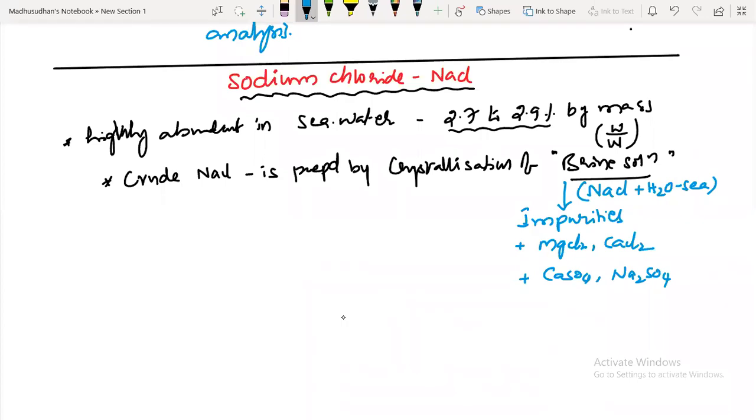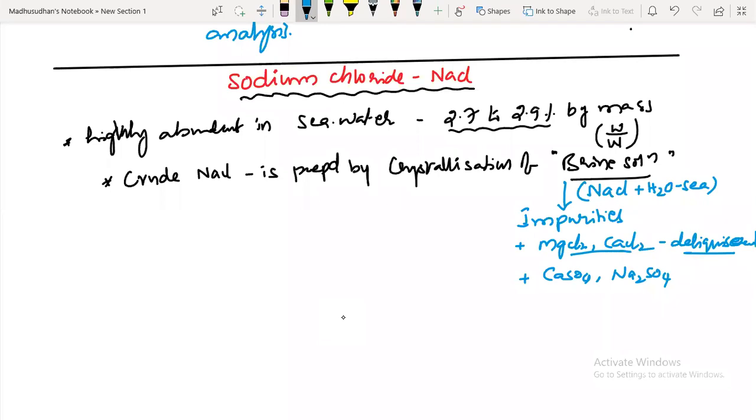Here, the calcium and magnesium chlorides, the first two, are deliquescent in nature. You know the meaning of deliquescent? Yes, sir.